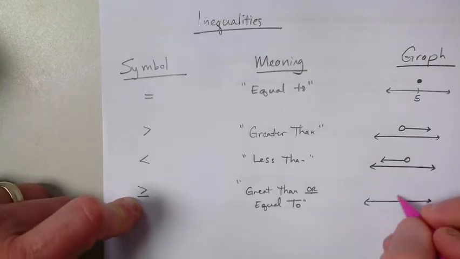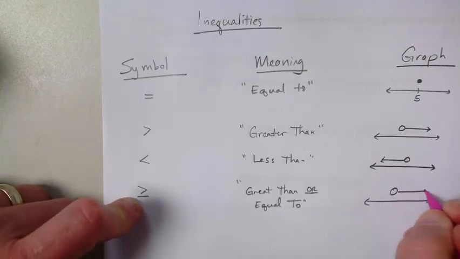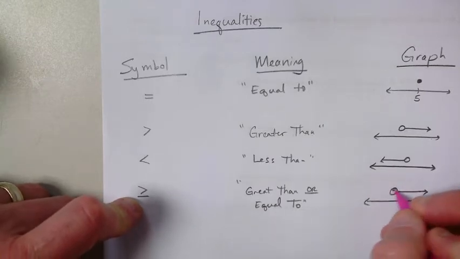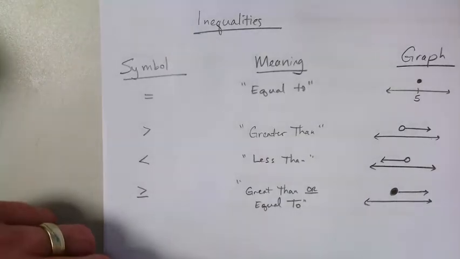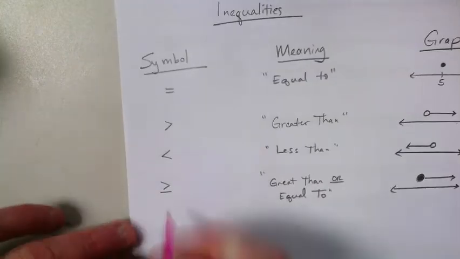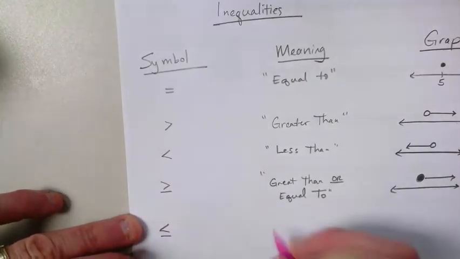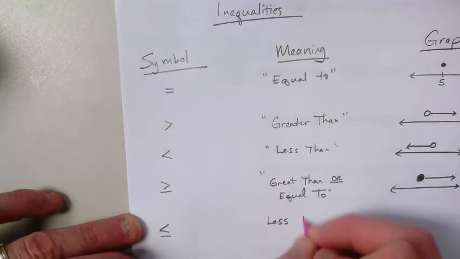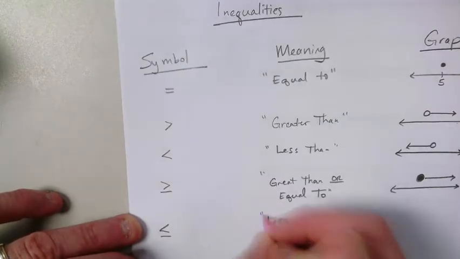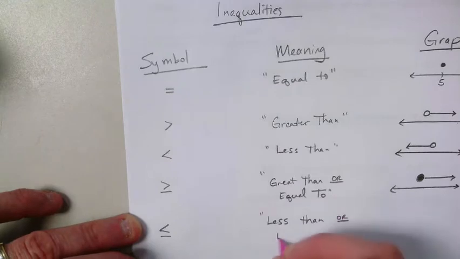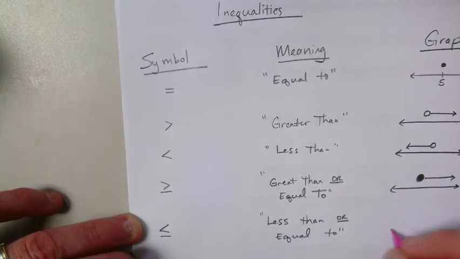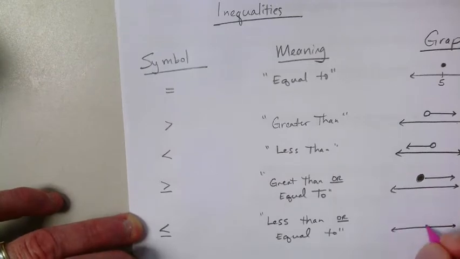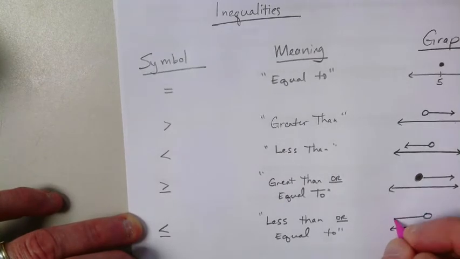It's still going to be greater than, but the or equal to is going to be filling this in right here. You may remember that from years past. The last one, if you've already guessed it, is less than or equal to.